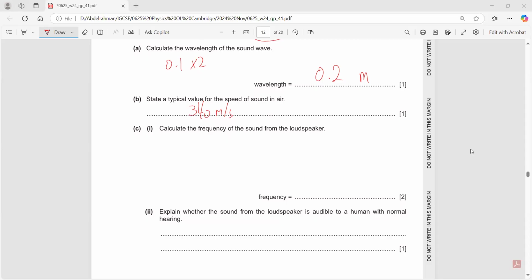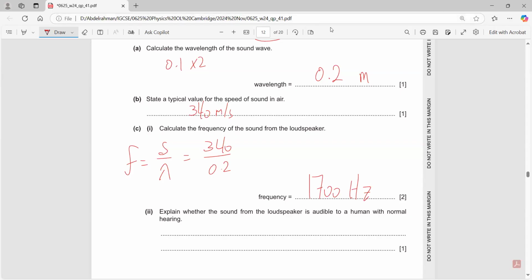You have the wavelength and you have the speed. Frequency equals speed over wavelength, which is 340 over 0.2. That is 1700 hertz.